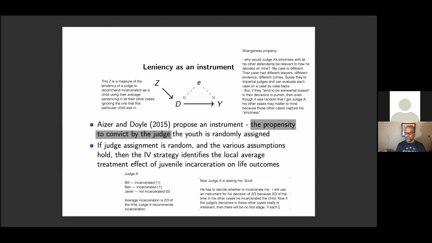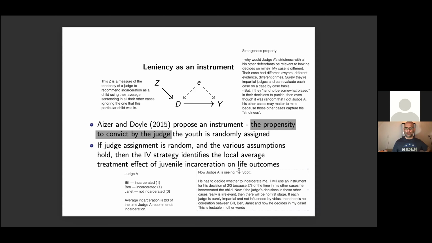If each judge is purely impartial and not influenced by bias, then there's no correlation between Bill, Ben, Janet, and how he decides in my case. Okay. So this is testable, in other words.